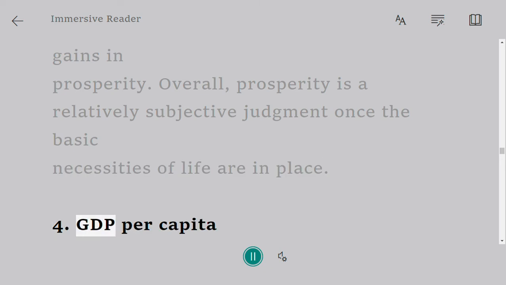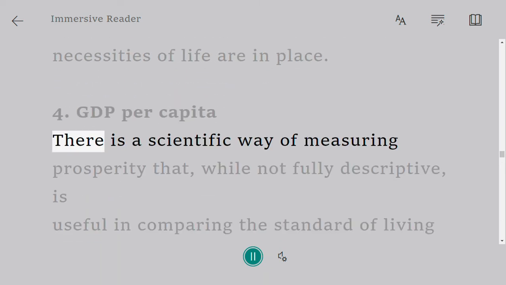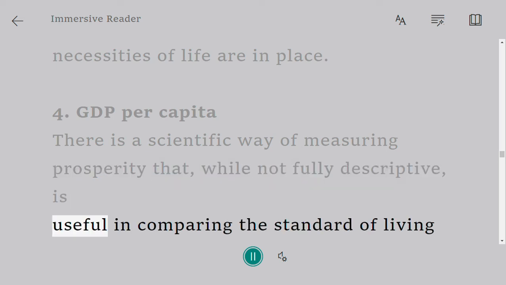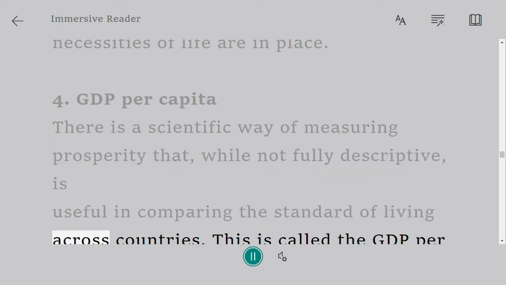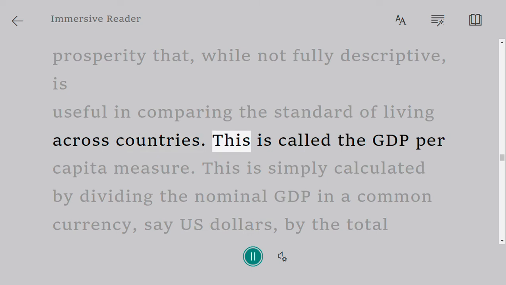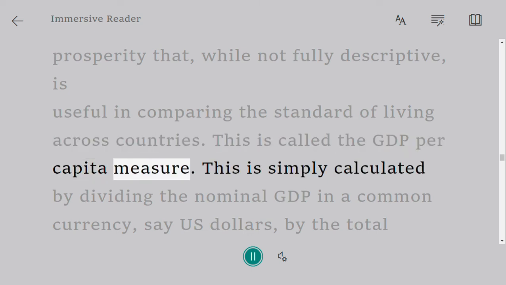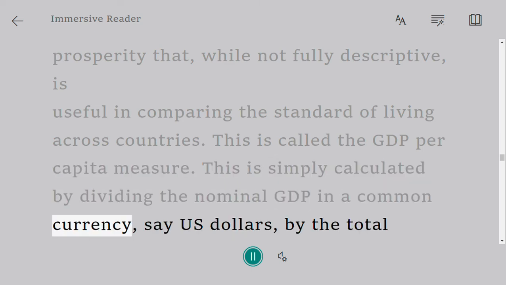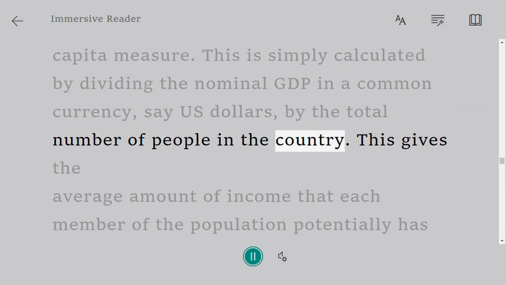4. GDP per capita. There is a scientific way of measuring prosperity that, while not fully descriptive, is useful in comparing the standard of living across countries. This is called the GDP per capita measure. This is simply calculated by dividing the nominal GDP in a common currency, say US dollars, by the total number of people in the country.